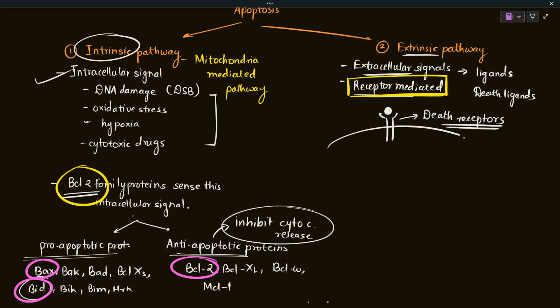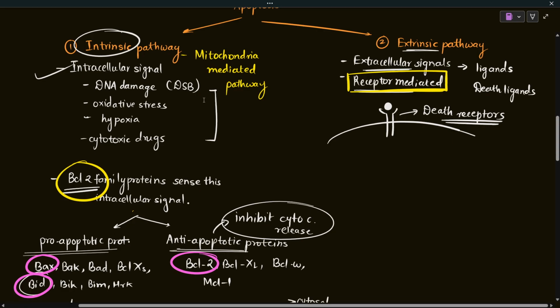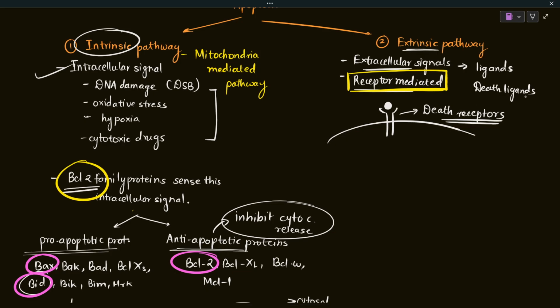So the cells have some receptors called the death receptors, which react to the death ligands. The death ligands will be released by the neighboring cells. The death ligands are the FAS associated ligand, FAS-L, or TNF alpha.